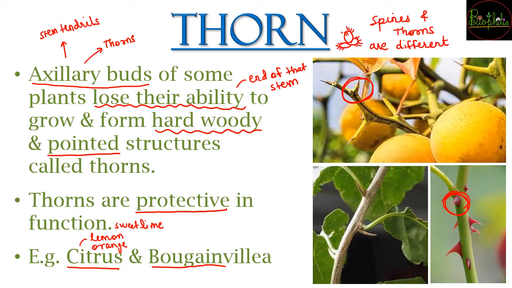These are not thorns. These are going to be spines, and the thorns are the ones which are going to be the modifications of stem. So thorns come from the stem, spines are going to come from the leaves. So we will definitely cover the modifications of leaf as well, but for now we are going to see the thorn as a modification of stem.